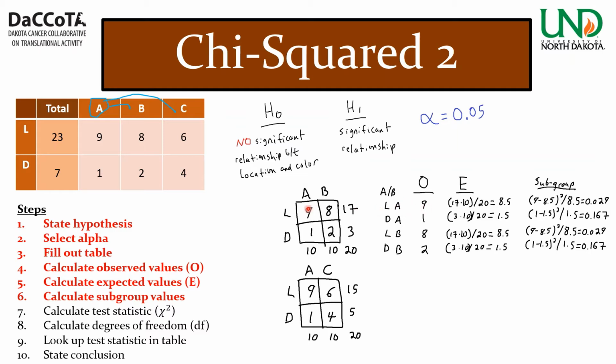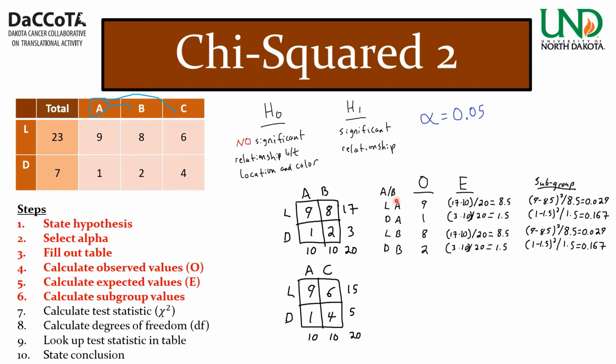We actually observed in section A 9 light and 1 dark, etc. But the expected are calculated from taking the row total times the column total, so in this case 17 times 10, divided by the total. And so we would have expected, if there's no difference, 8.5.